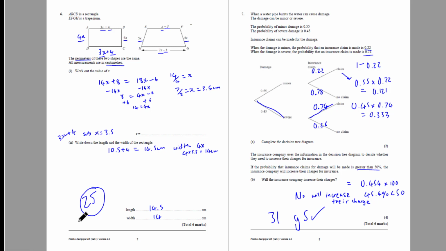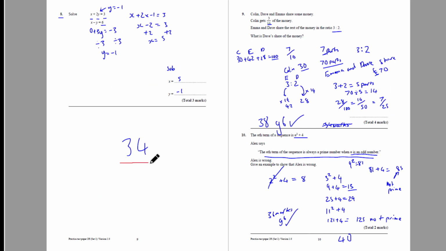Another 6 here, which is all doable, takes us to 25. And that gives us another 6, which is a comfortable grade 5, 31. And getting close to grade 6. That's 34 marks for this. That's 38, your grade 6 is achieved.